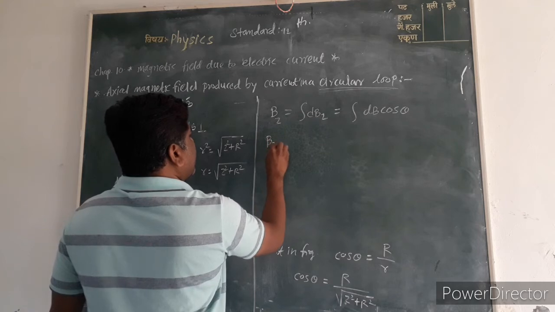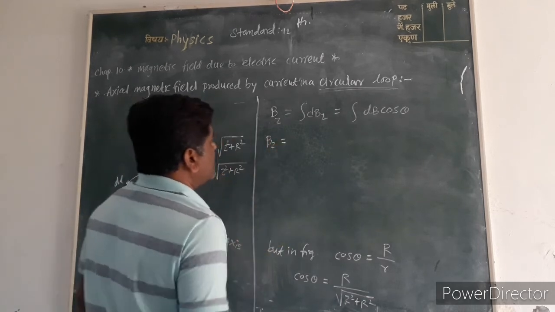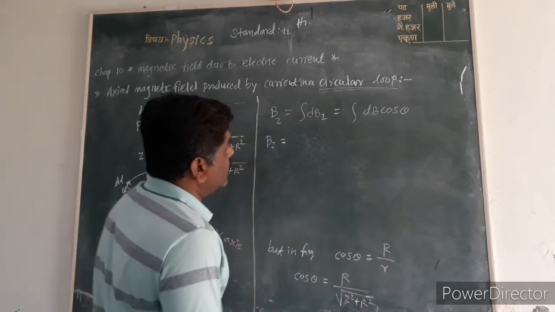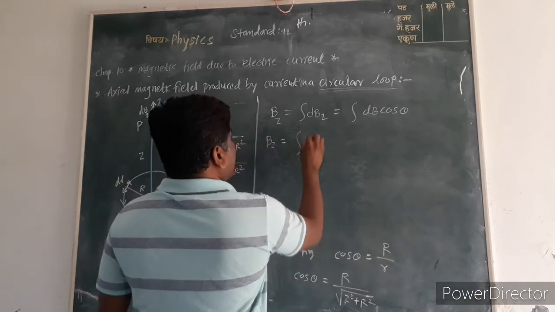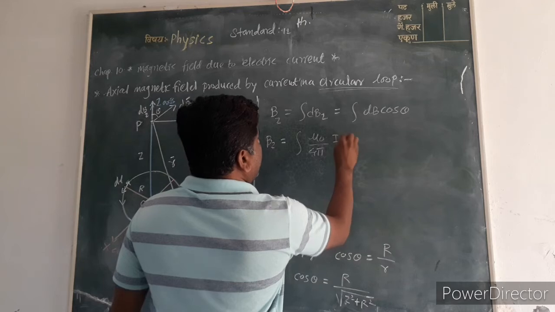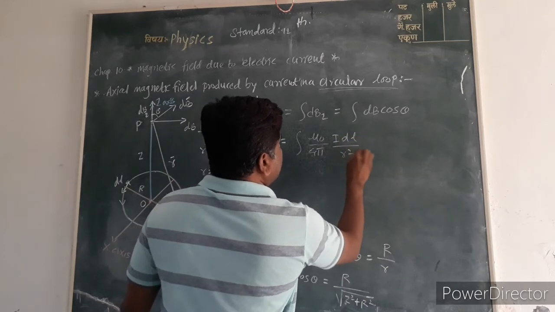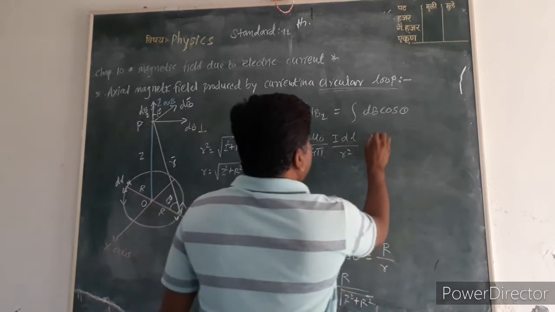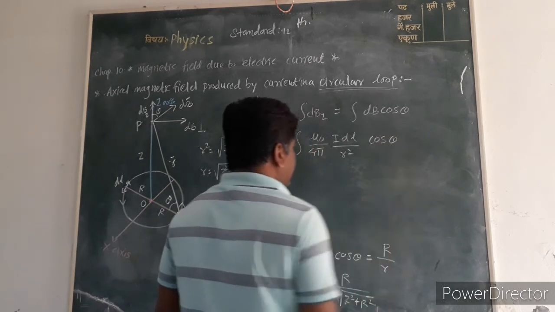Therefore Bz is equal to integration of mu 0 upon 4 pi, I dl upon r squared, into cos theta.